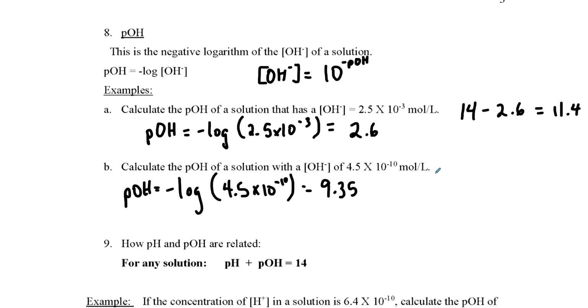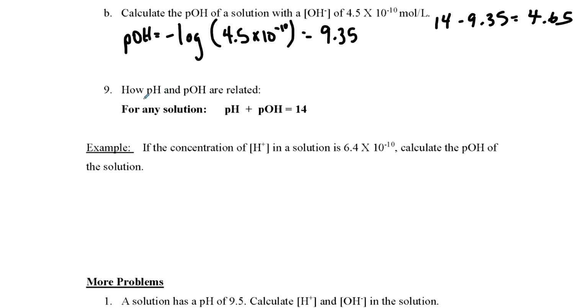Okay, so again, if you want to see the equivalent pH, just subtract the pOH and see what you come up with. So 14 subtract 9.35 is equal to 4.65. So you can see a higher pOH leads to a lower pH. So this one would be acidic and this one is basic.